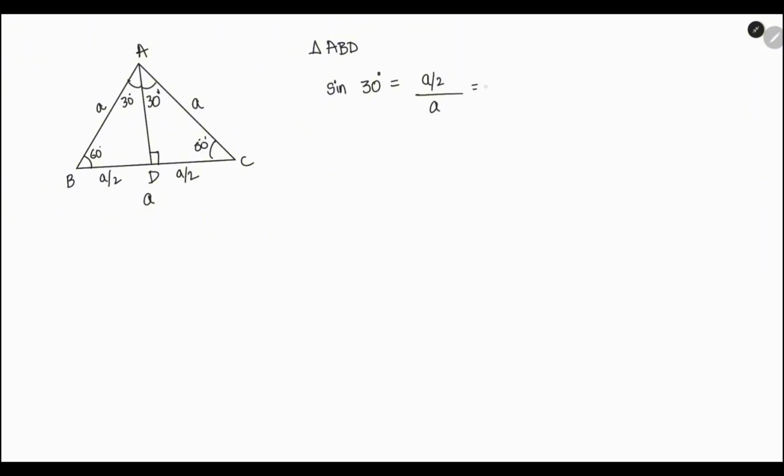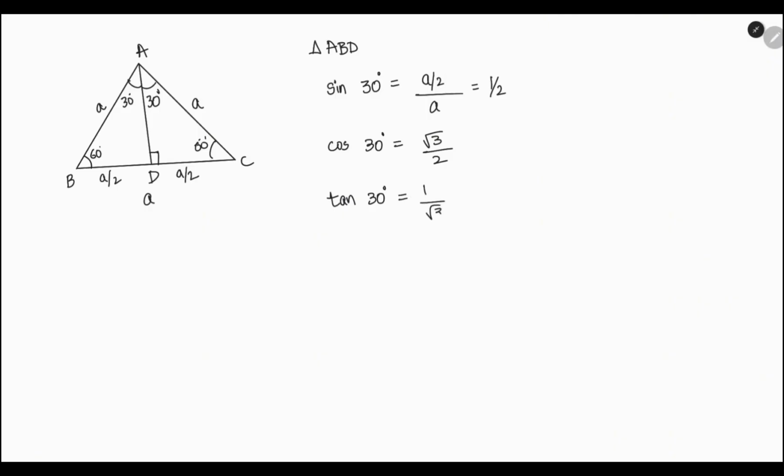So that is 1 by 2. Cos 30 is adjacent side AD by hypotenuse AB. So that will be root 3 by 2A by A. That is root 3 by 2.